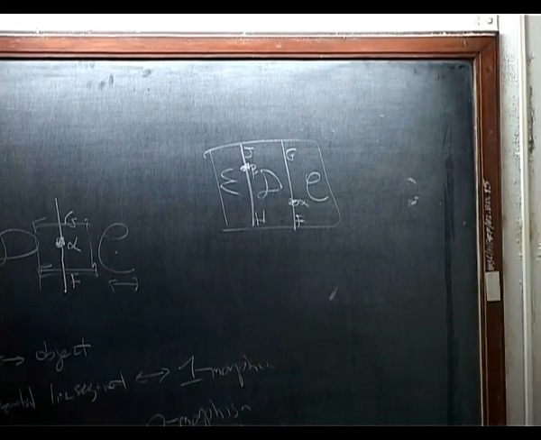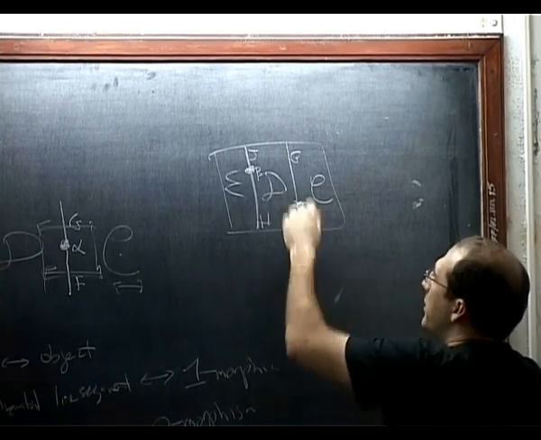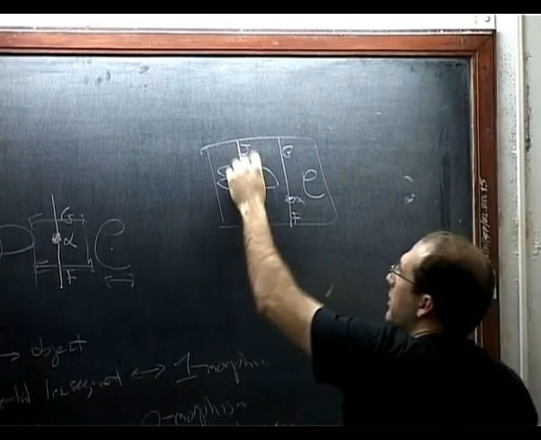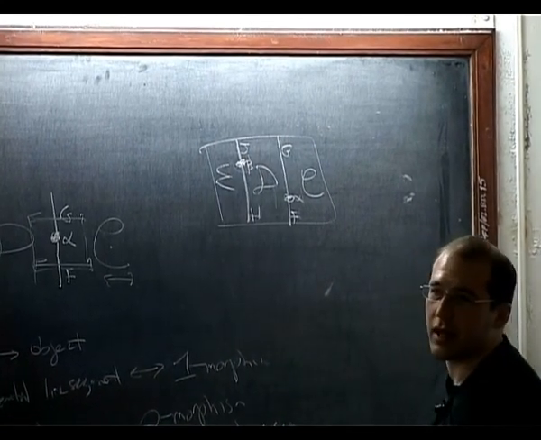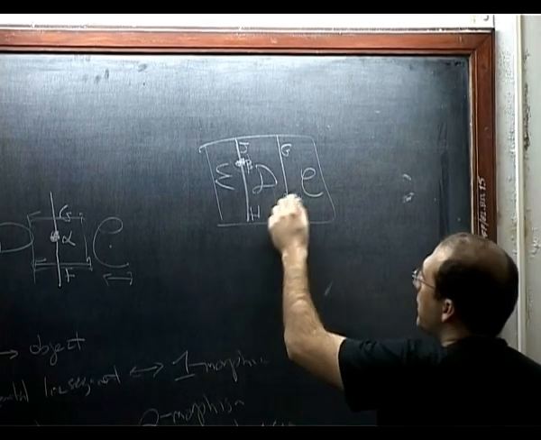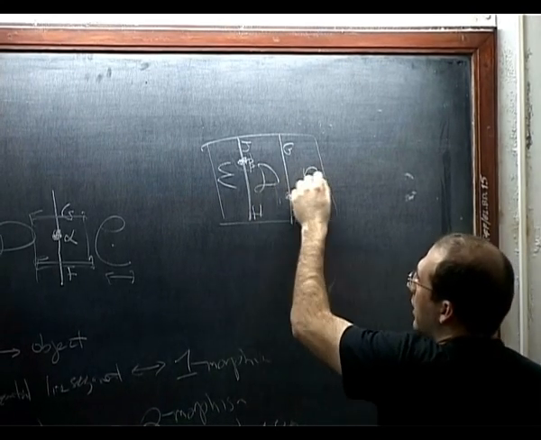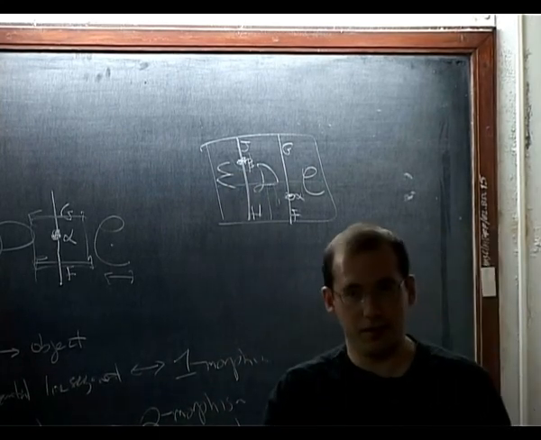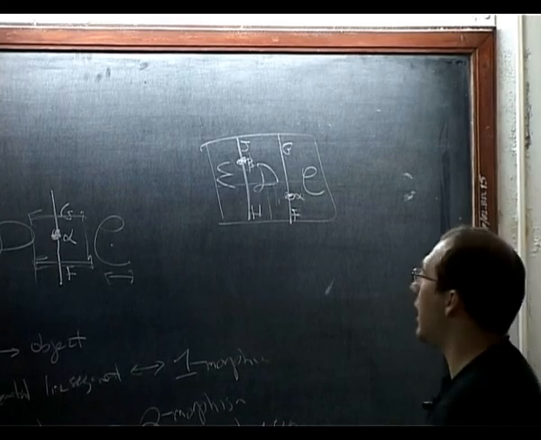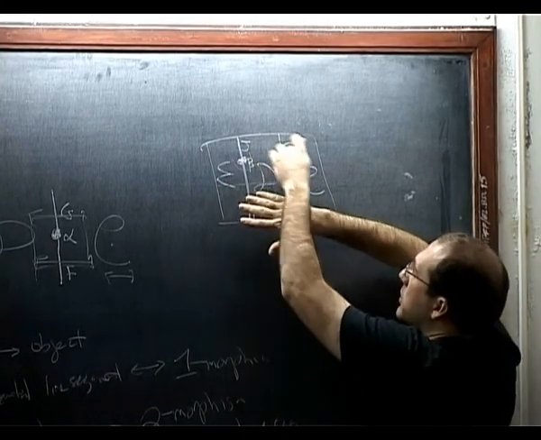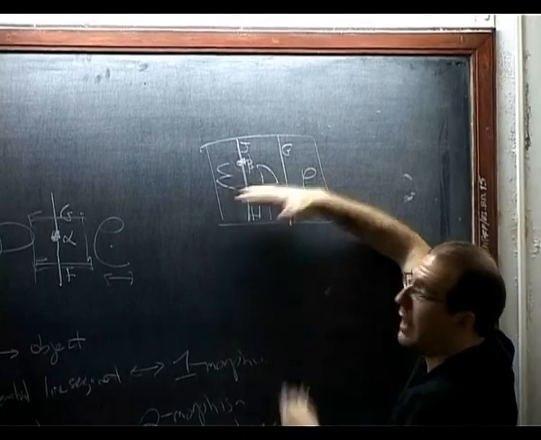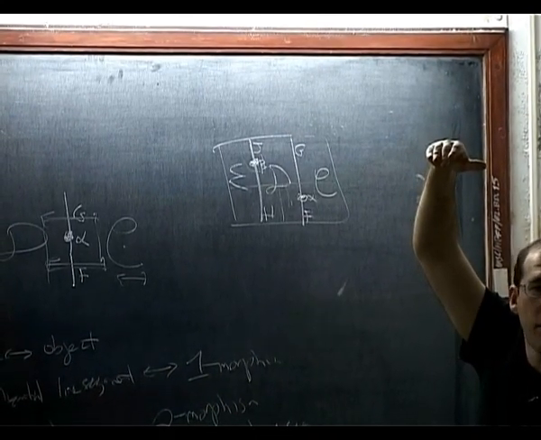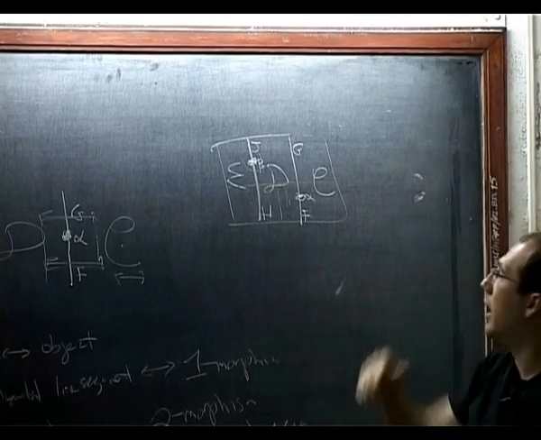There is some one morphism F from C to G. There is some two morphism alpha from F to G. And there's some other two morphism beta from H to J. Okay, and what we've done is we've first taken alpha and composed it horizontally with the identity map of H. Then up here, we've taken beta and composed it horizontally with the identity map of G. And then we've stacked these two things vertically.